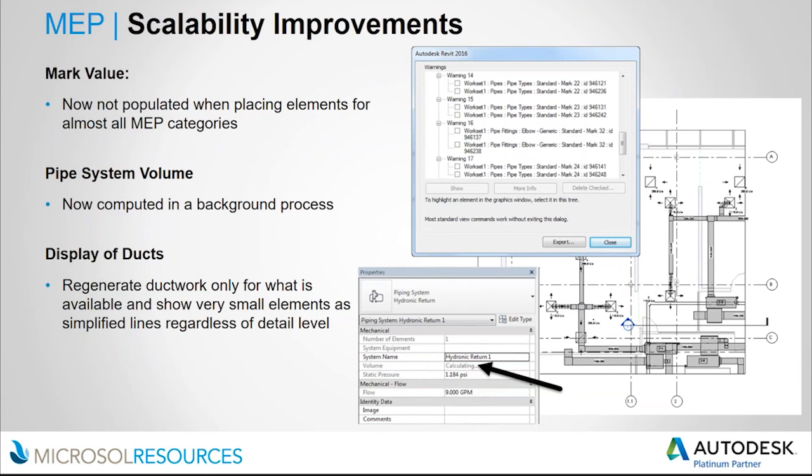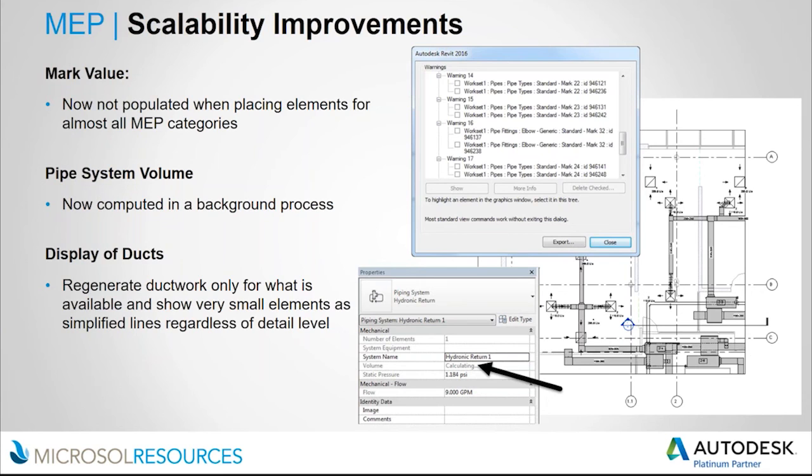Some stability improvements, some things that are just sort of day-to-day workability kind of things. One is that the mark value associated with ducts and other MEP elements is no longer populated when you place the elements, and this applies across almost all MEP categories.